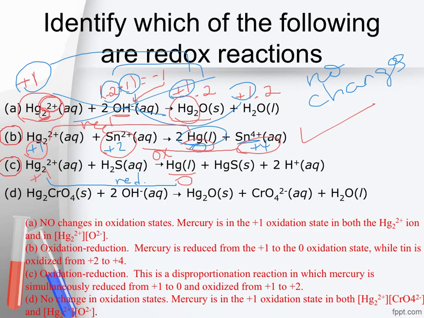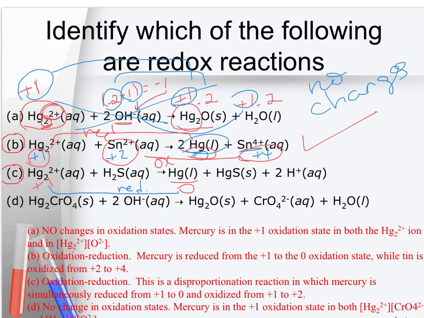Looking at hydrosulfuric acid, the hydrogen has an oxidation number of +1, and the sulfur is -2. So let's look at hydrogen and sulfur on the product side. Hydrogen on the product side is also +1. It hasn't changed. So we still haven't found out what has been oxidized.